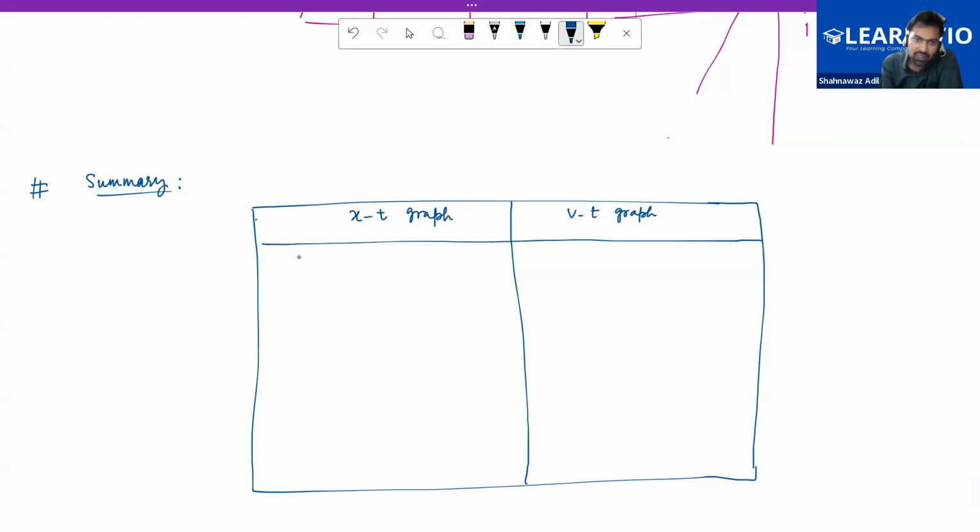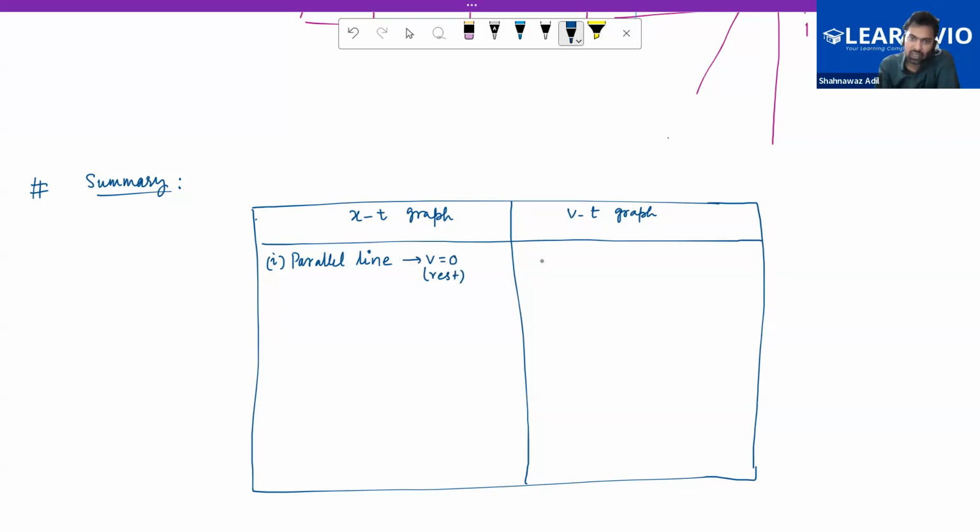In the XT graph, a parallel line represents v equal to 0, which is rest. Clear?